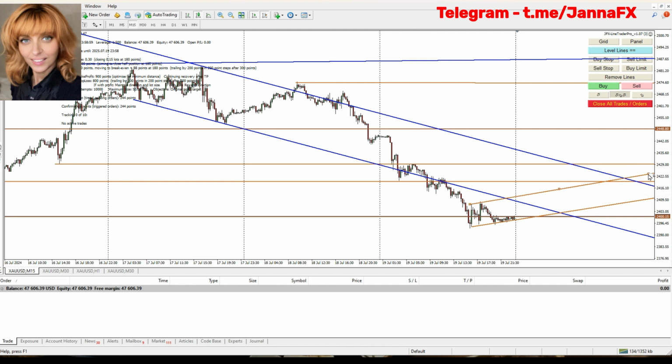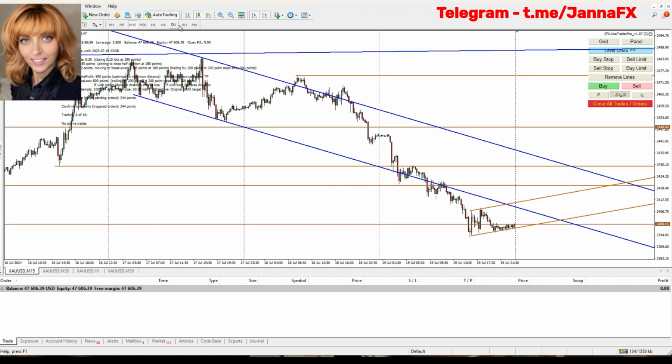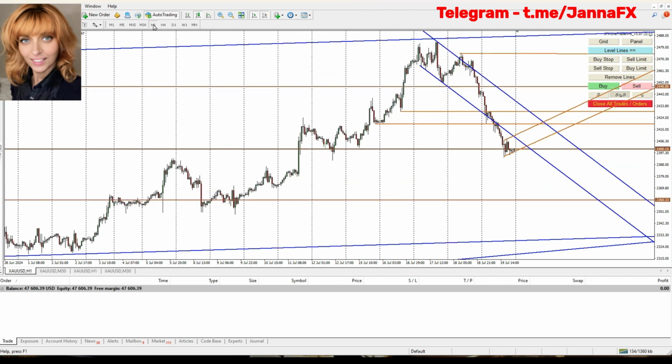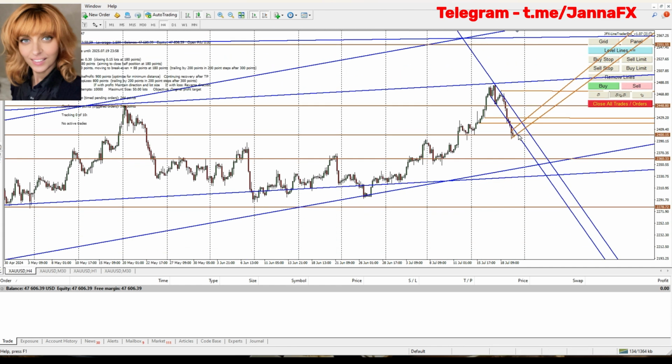We'll have all those levels and we will see again. So that's a little bit of a technical overview for you guys of the bigger picture. What I will be looking for is playing out with those areas, around here. From here we will see how fast and strong the move back up is going to be.